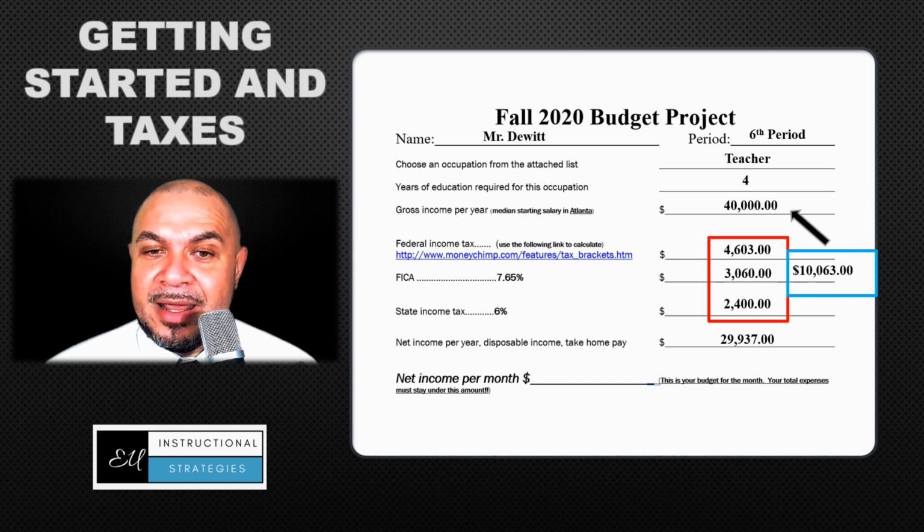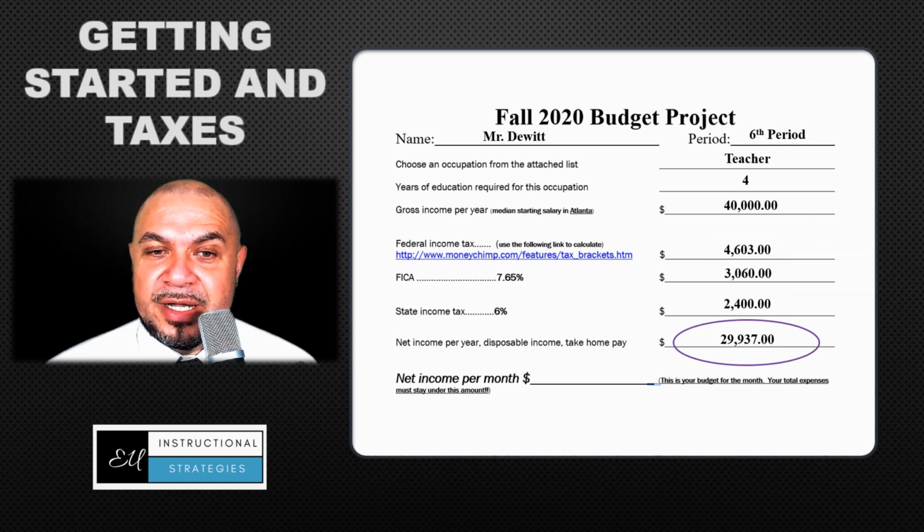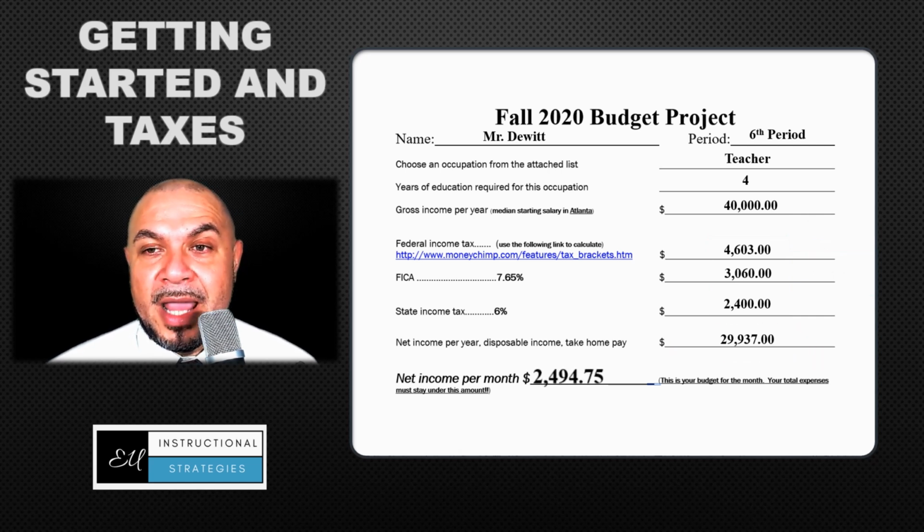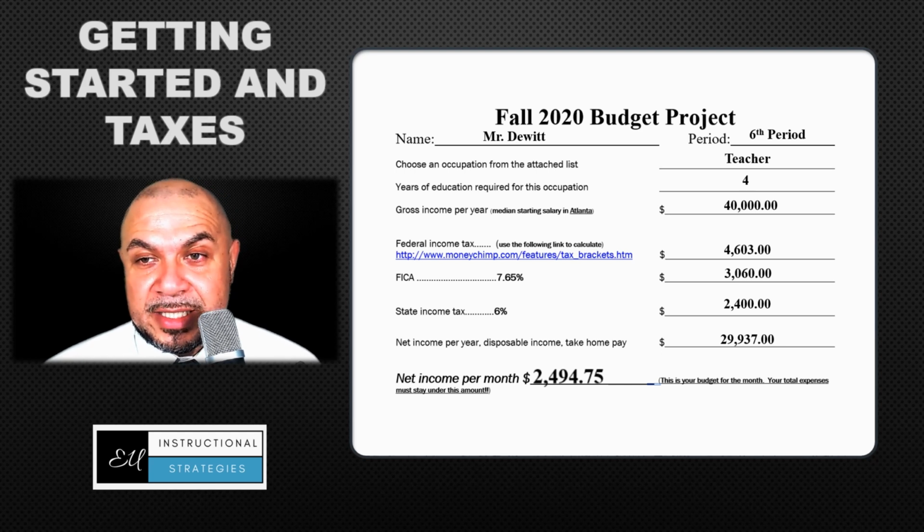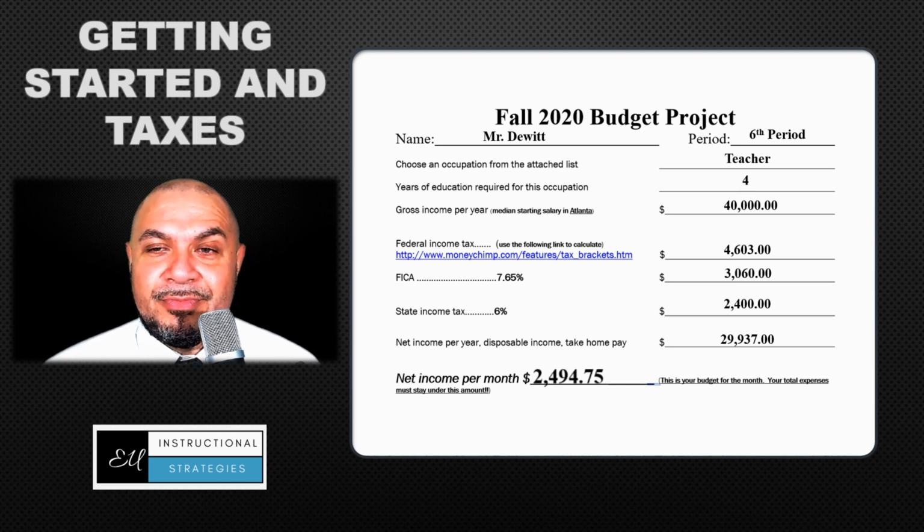Once I do that, I take $29,937 divided by 12, and my number is $2,494.75. Now, that once again is my magic number.